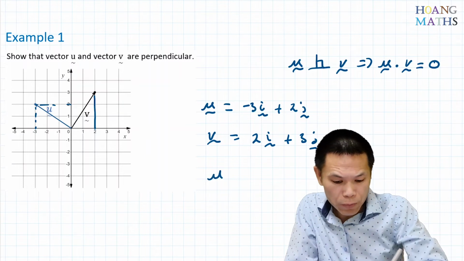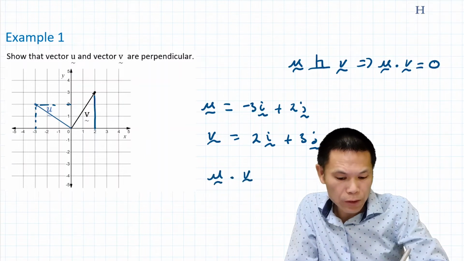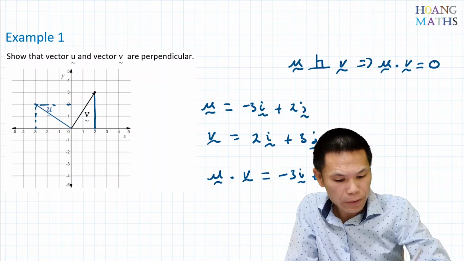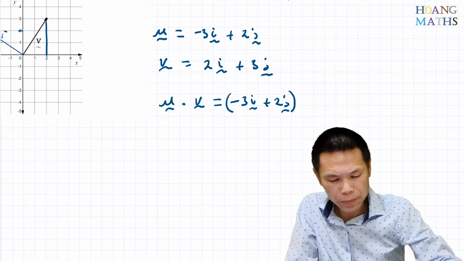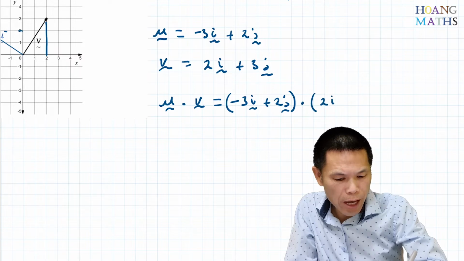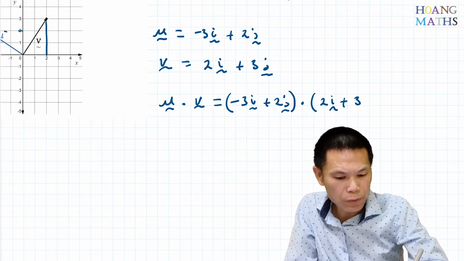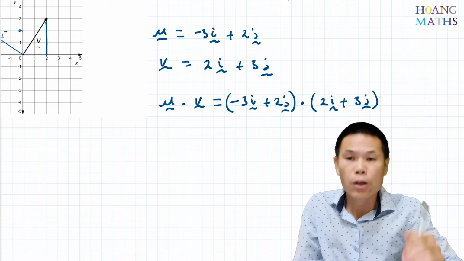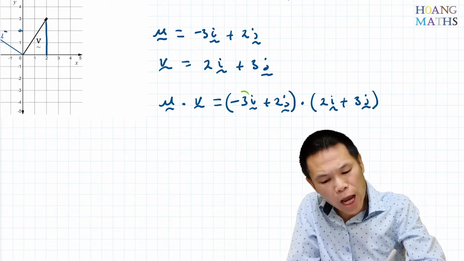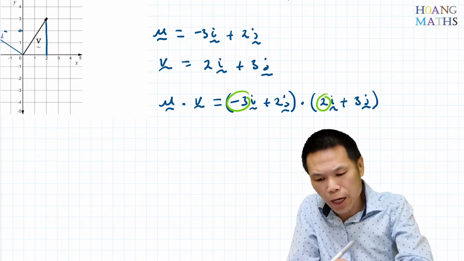So u dot v will give me negative 3i plus 2j dot 2i plus 3j. To find the dot product, what we need to do is multiply the i components together.